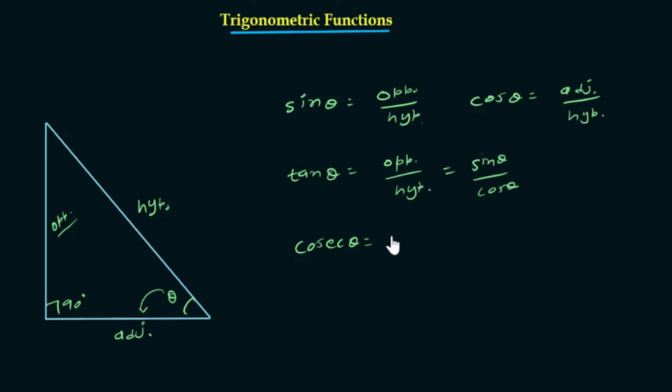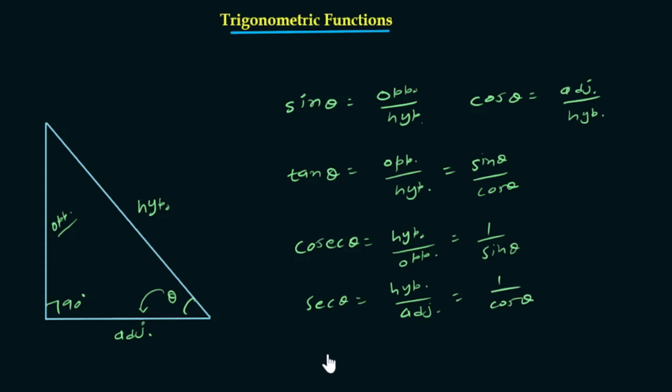Our fourth trigonometric function is cosec theta. Cosec theta equals hypotenuse divided by opposite. This is just the reciprocal of sin theta. Our fifth trigonometric function is sec theta, which is just hypotenuse upon adjacent. We can take it equals 1 upon cos theta.